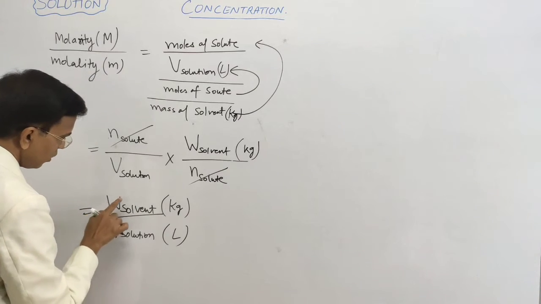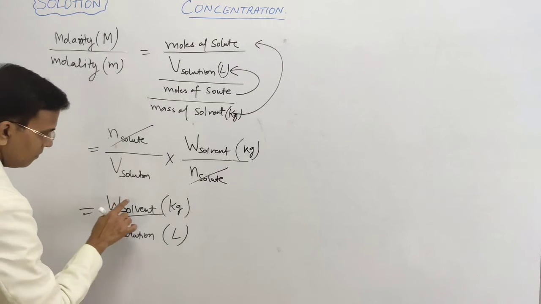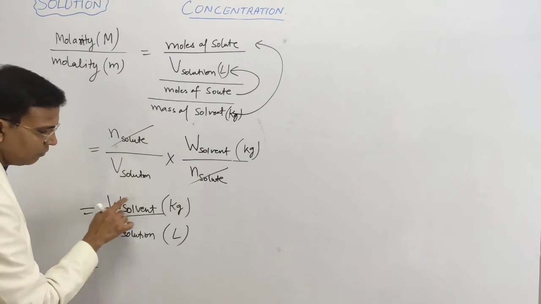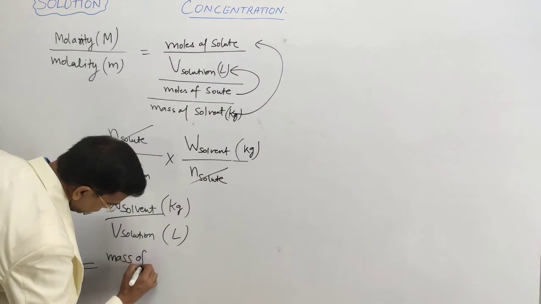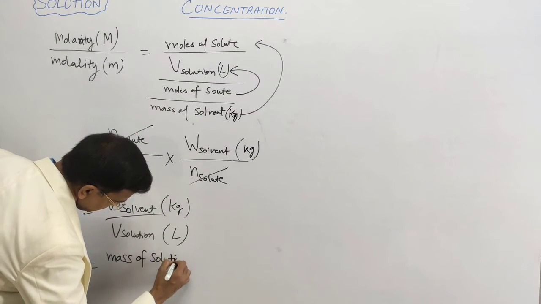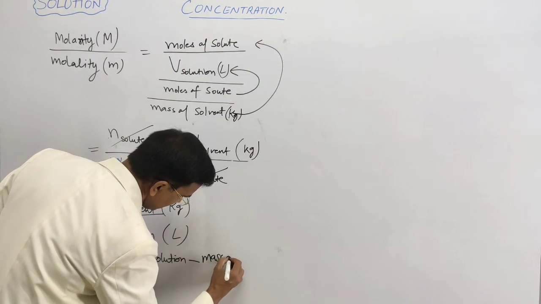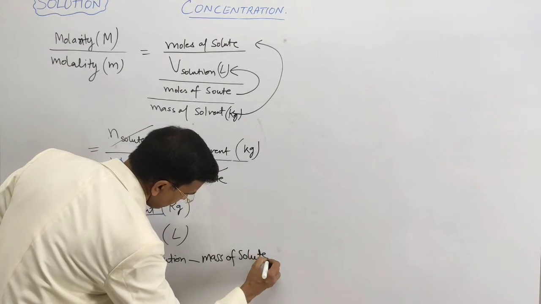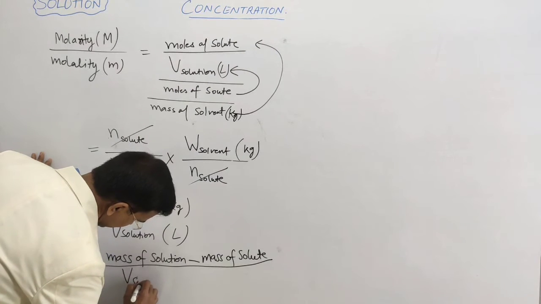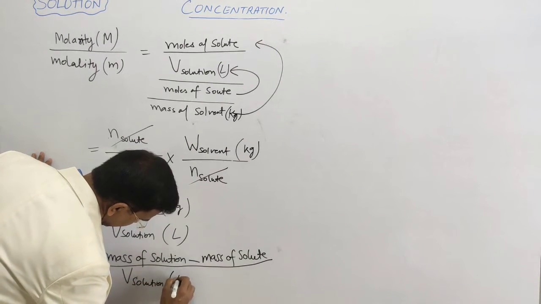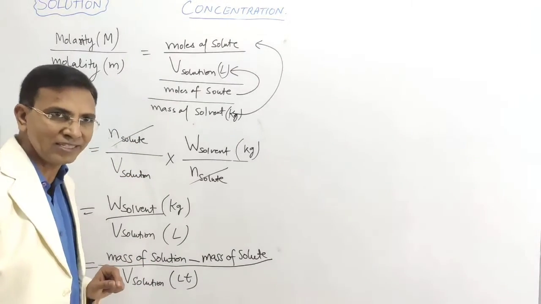Now this mass of solvent is equal to mass of solution minus mass of solute, upon the volume of solution in liters. Now mass of solution is equal to volume of solution into density of solution.